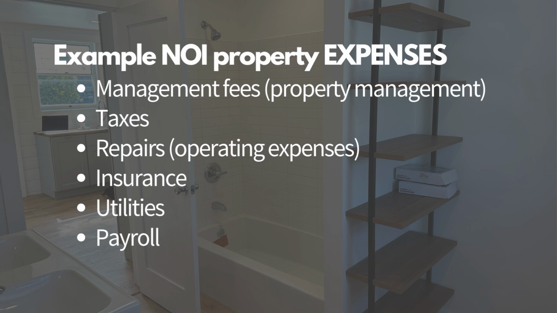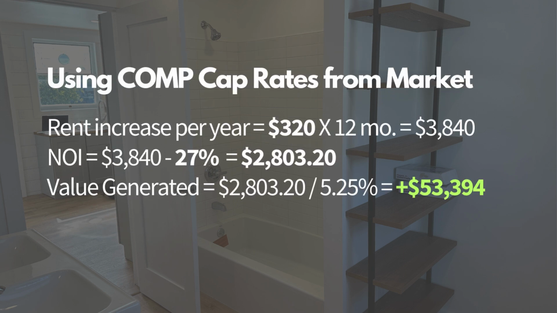So let's look at this property. I'm looking at the comp cap rates that I pulled from the market, which were 5.25%, and I'm looking at multiple properties. I'm taking the added 320 I'm getting in rent in this example, and I multiply it by 12, and that gives me total income. But I also want to subtract out the expenses.